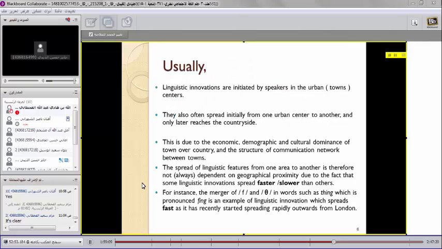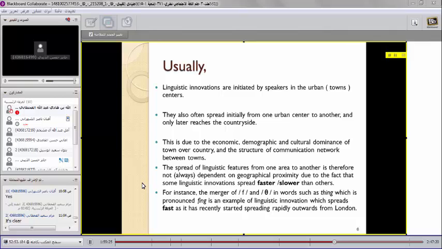Usually, linguistic innovations are initiated by speakers in the urban towns or town centers. They also often spread initially from one urban center to another and only later reach the countryside.